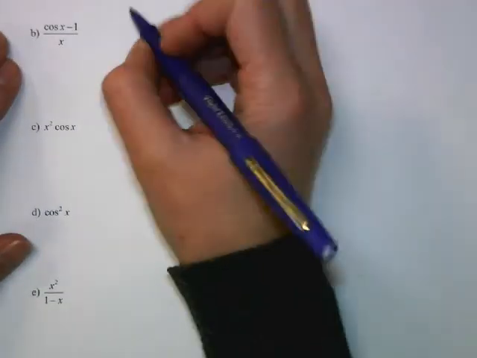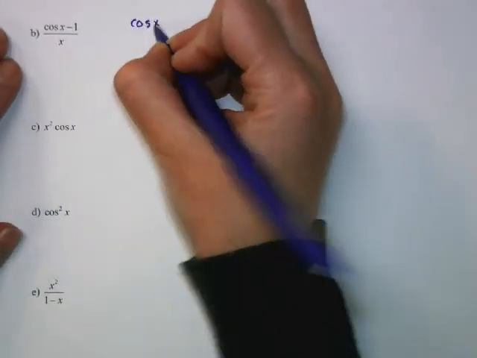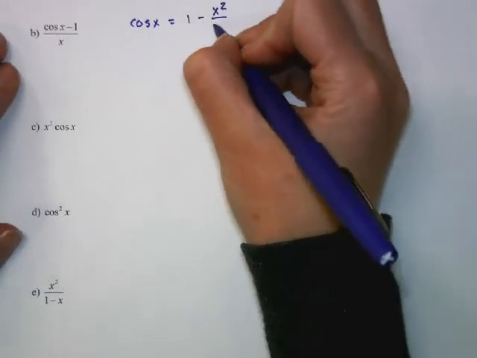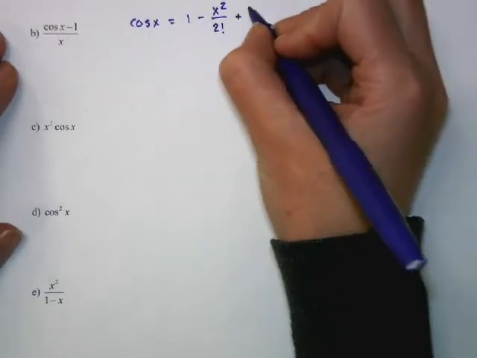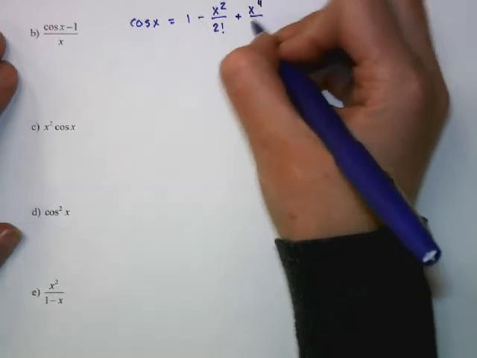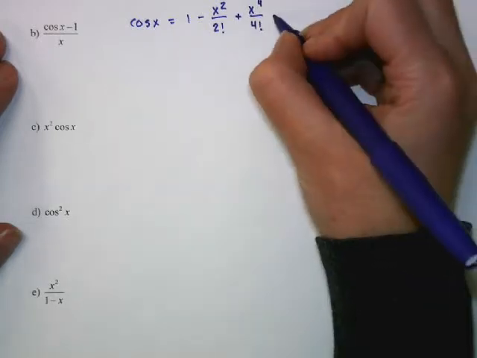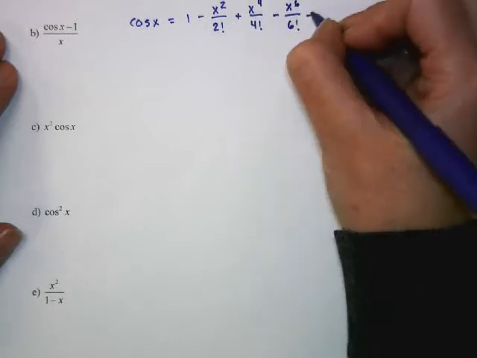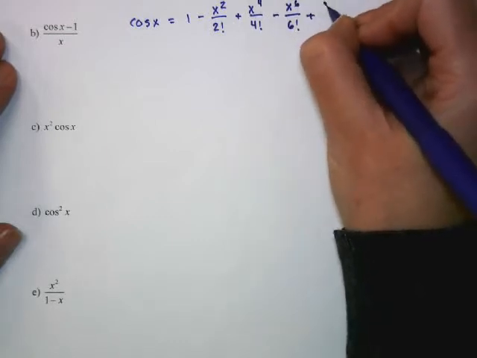All right, with something like this one, I'm going to start with my base, cosine. So cosine of x is equal to 1 minus x squared over 2 factorial plus x to the 4 over 4 factorial, minus x to the 6 over 6 factorial, and we're actually going to go one more.